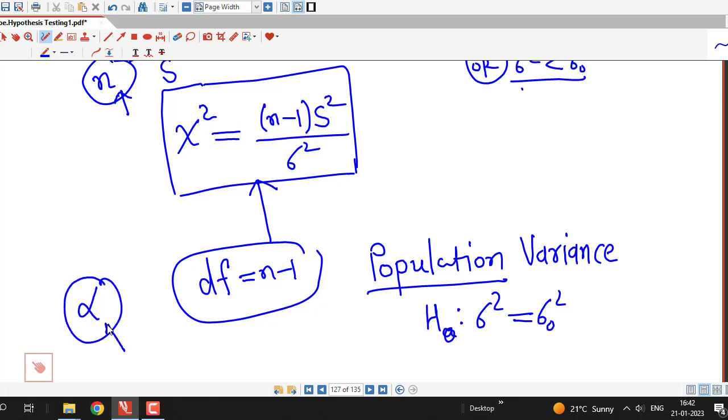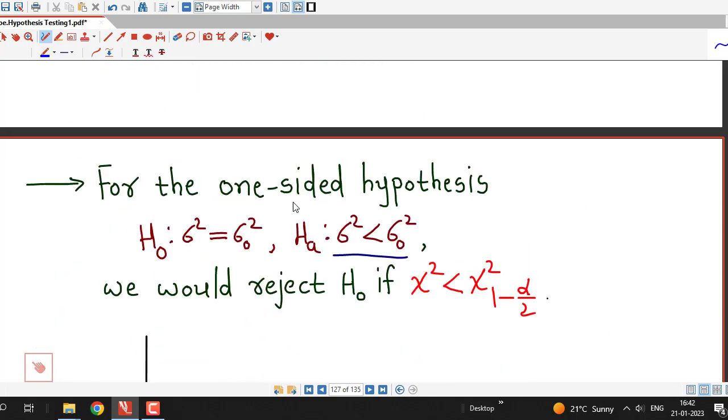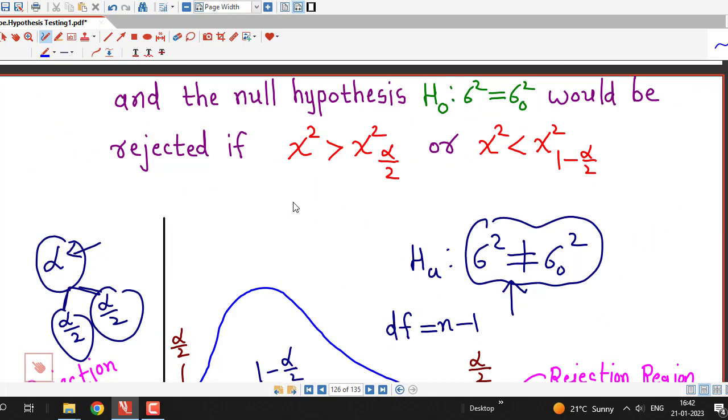Using that level of significance and degrees of freedom, we will obtain critical values for this chi-square random variable, and then we will compare the calculated value of the test statistic with the critical values of the chi-square random variable, and then we will take the decision.